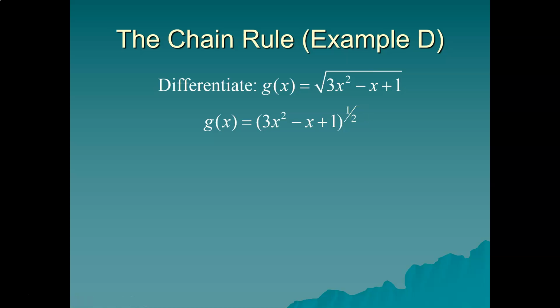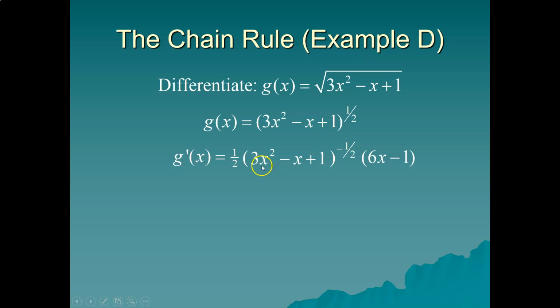Let's take the derivative of the outside function. The derivative of anything to the power of 1/2 is going to be 1/2 to the power of negative 1/2. Then we'll take our inside and just copy and paste it in. Boop, like that. The last step is to take the derivative of the inside.